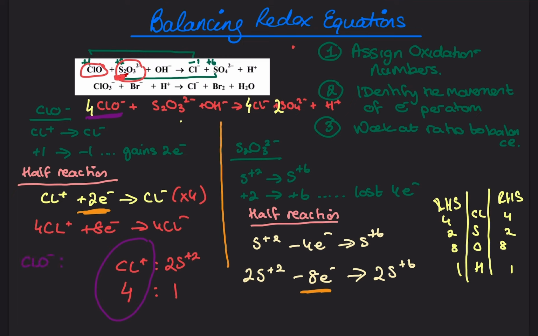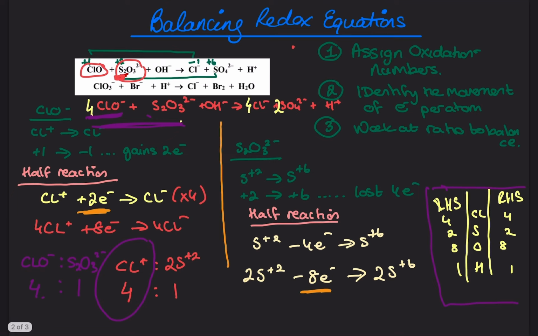You can write them as this. And for each one of these on this side of the equation, I need 4 of these. So I've kept that ratio 4 to 1. And then it's just checking if it's balanced using the left hand versus the right hand side.